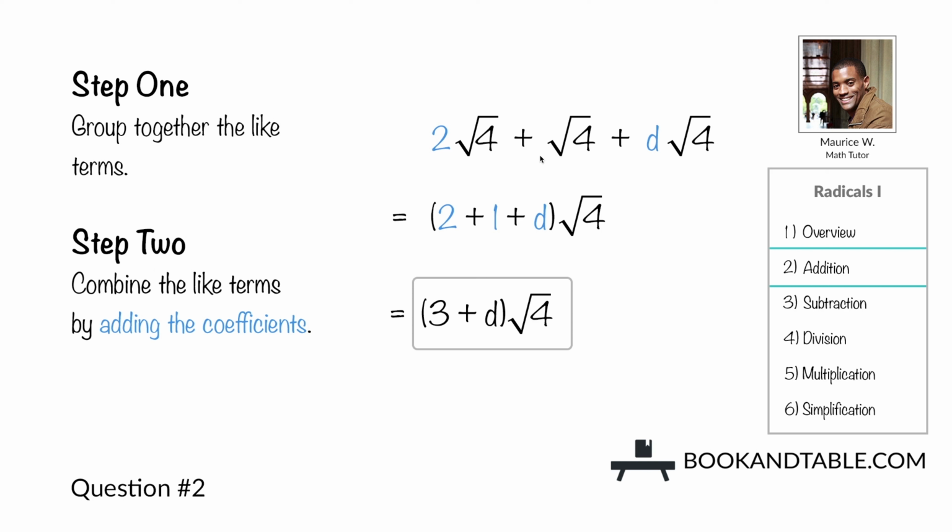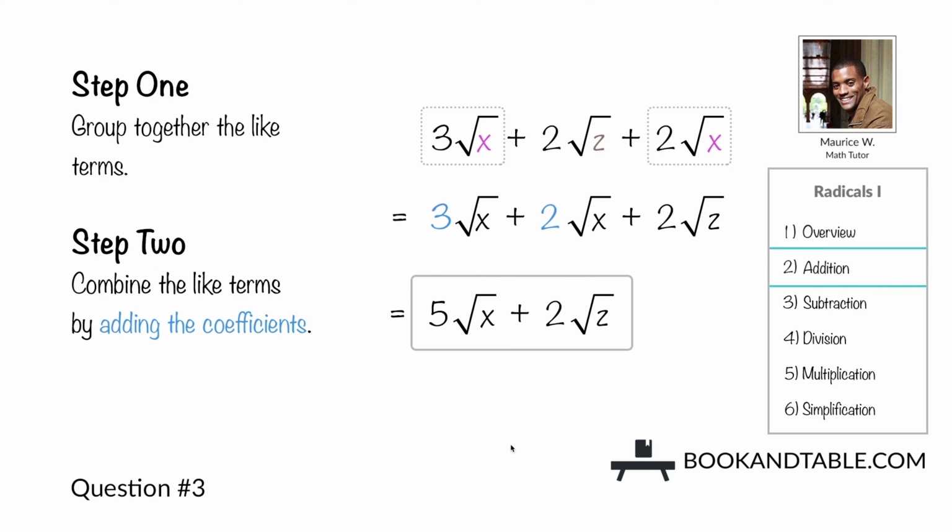If nothing is shown, it's equivalent to 1. 1 times anything would just be itself, so radical 4 is the same as 1 times radical 4. That's why the coefficient is 1. And the third term, our coefficient is +d. So we can combine +2 and +1 to give us 3 plus d times radical 4. So this would be the answer to question number 2.